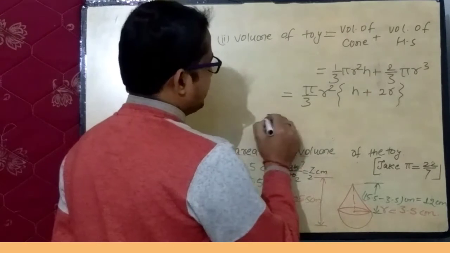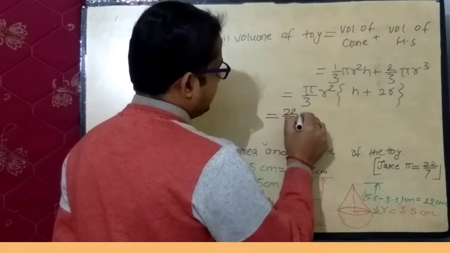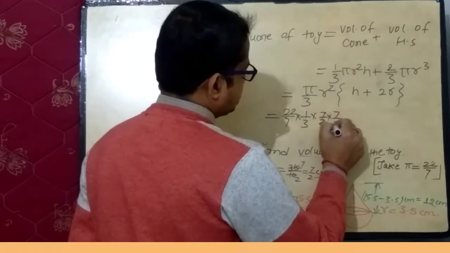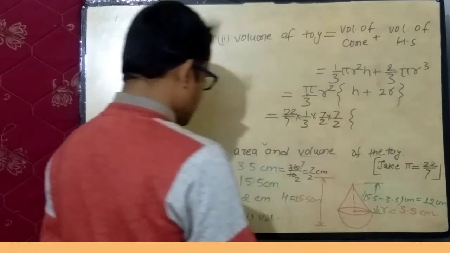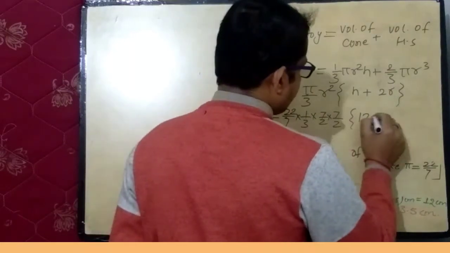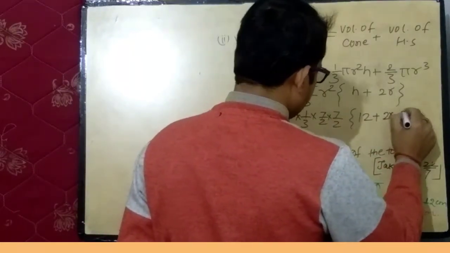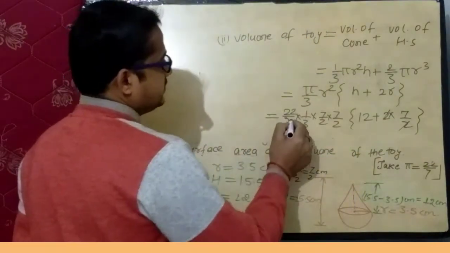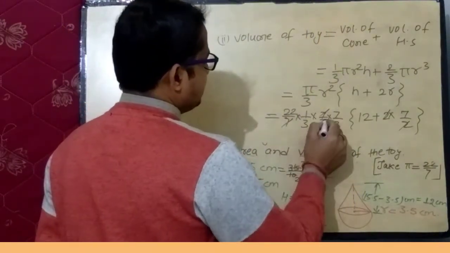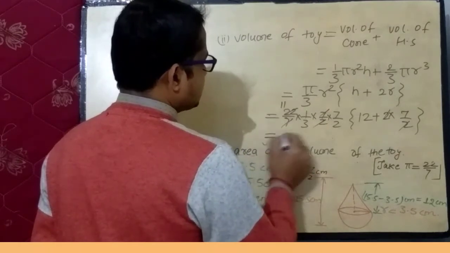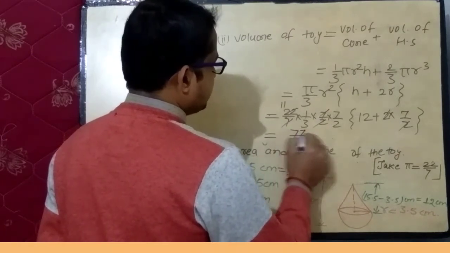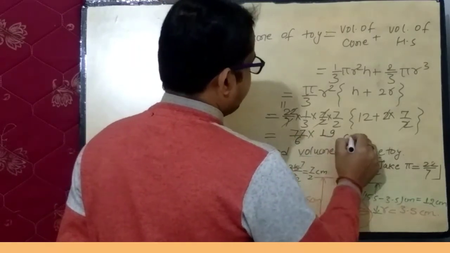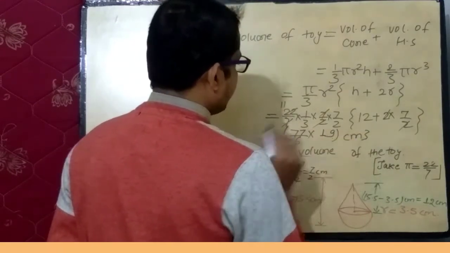Now put respective values. 22 upon 7 into 1 by 3 into 7 by 2 into 7 by 2, bracket h is 12, add up 2 into 7 upon 2. This 2 will get cancelled out. This 7, 11 times 2, that is 77 upon 6 into 19 centimeter cube.